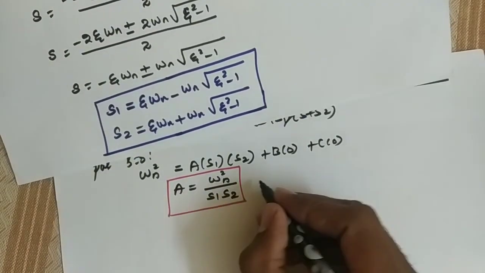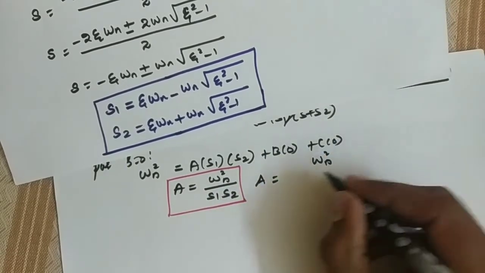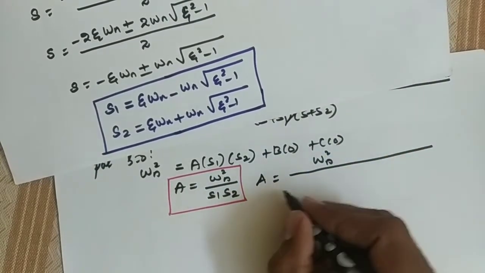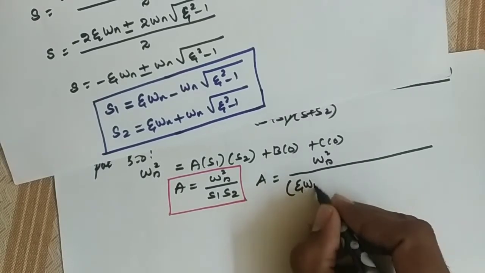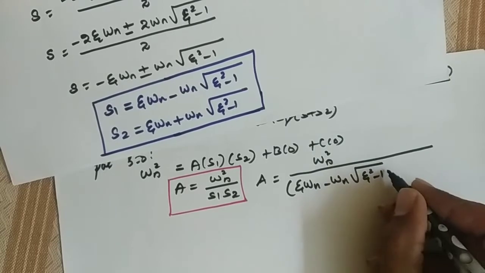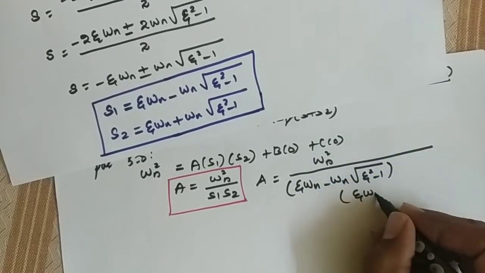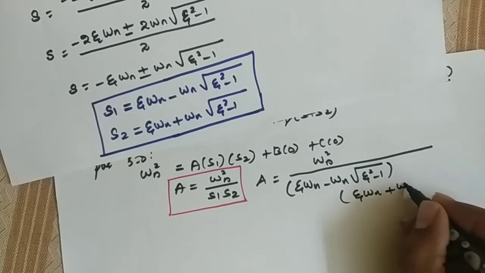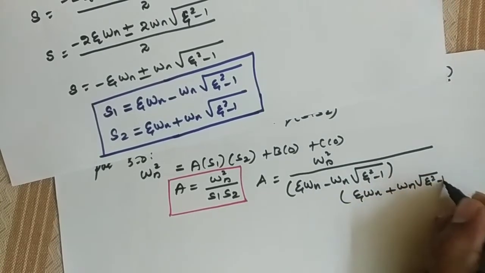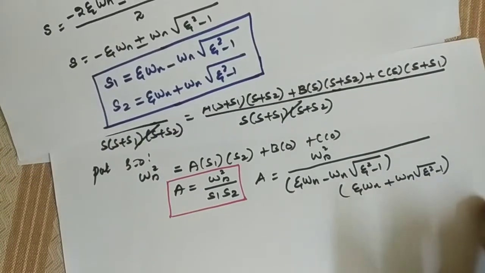A is equal to omega n square, the whole divided by eta omega n minus omega n root of eta square minus 1, into eta omega n plus omega n root of eta square minus 1.